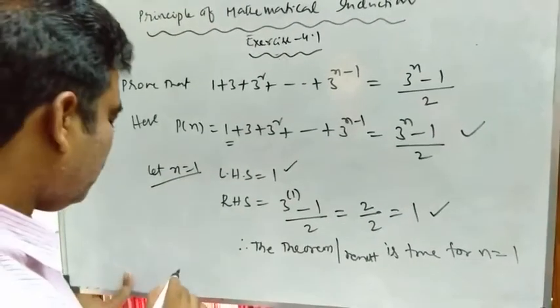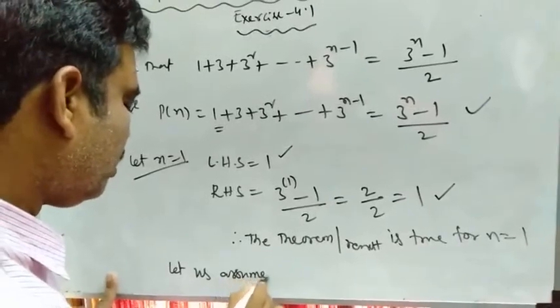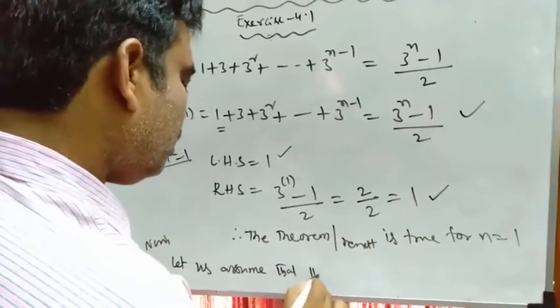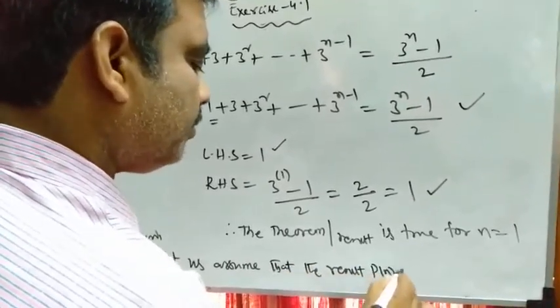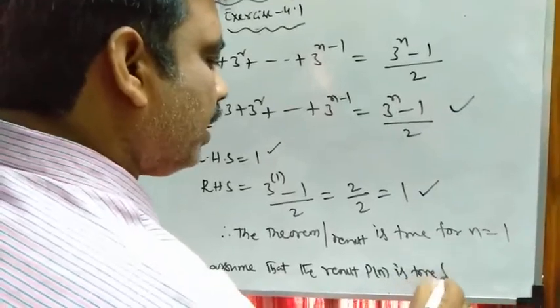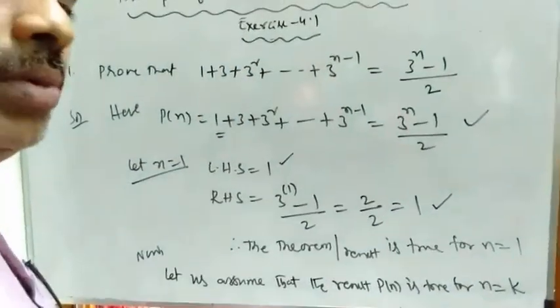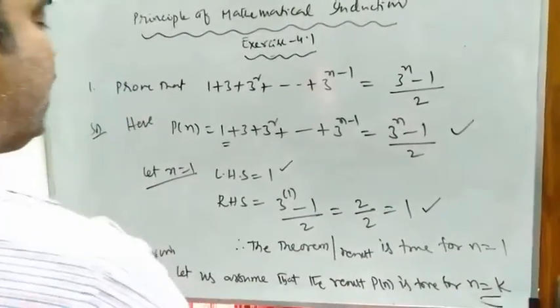Now let us assume that the result, or P of n, is true for n is equal to k. I am assuming that the result is true for k terms.